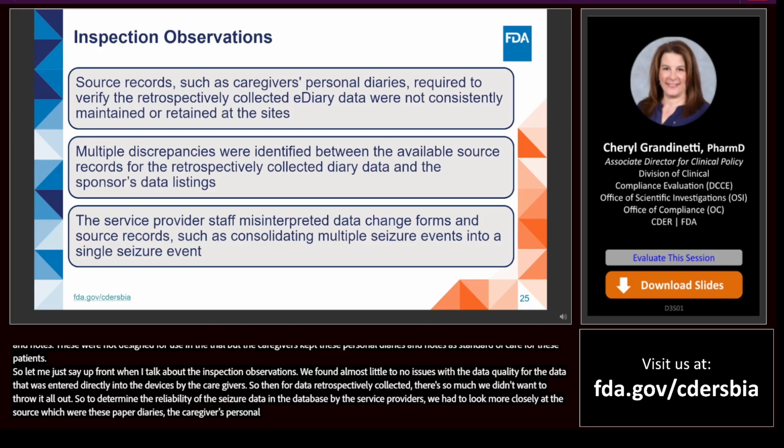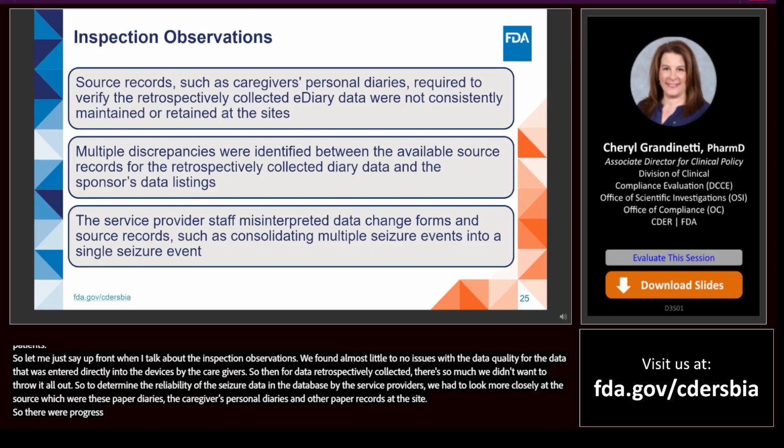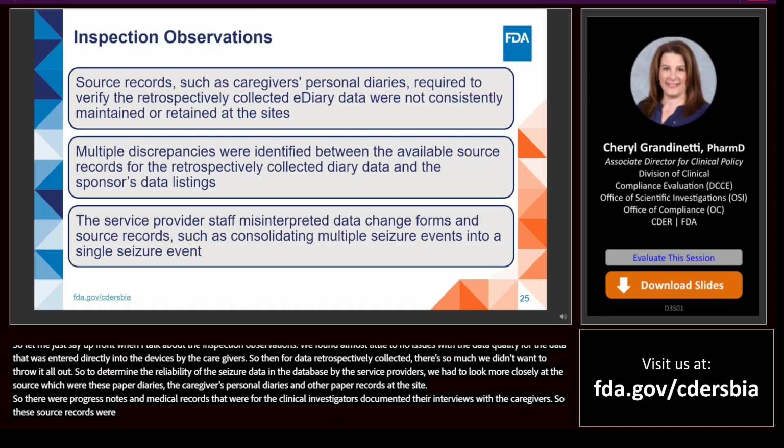So it was the progress notes and medical records where the clinical investigators documented their interviews with the caregivers. These source records were not consistently maintained or retained at the site. So there were a lot of missing source records to support the seizure frequency data that was submitted to FDA.